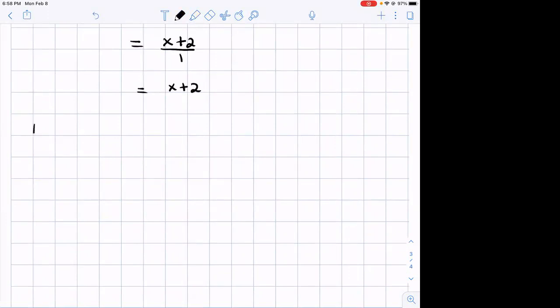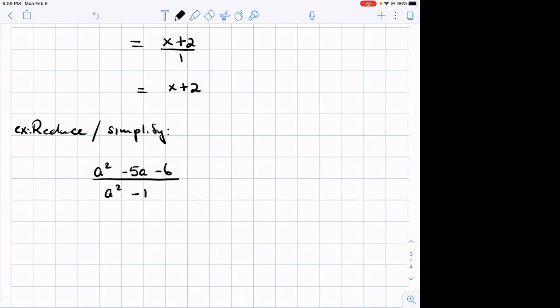Reduce. Sometimes we say simplify. How about if we have, for example, a squared minus 5a minus 6 over a squared minus 1. So let's try to factor the numerator, and also we want to factor the denominator.